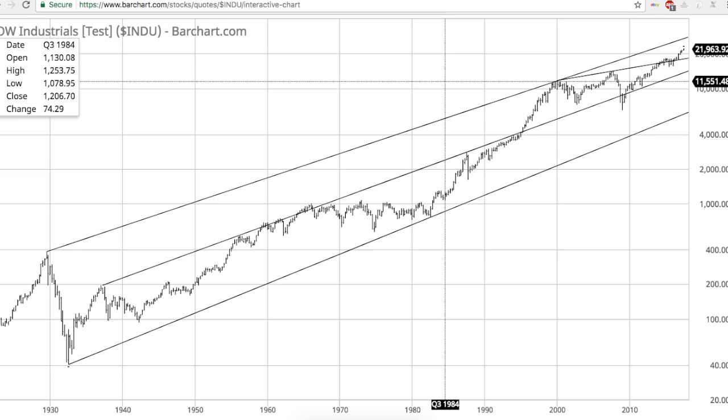The middle line, which seems to be the line we broke out of in the mid 1990s when the tech bubble started, the dot-com boom. That line is around, let's have a look, 14,200, which also happens to be very close to the top in 2007. So very interesting there, that middle line. That could be a target, 14,200.